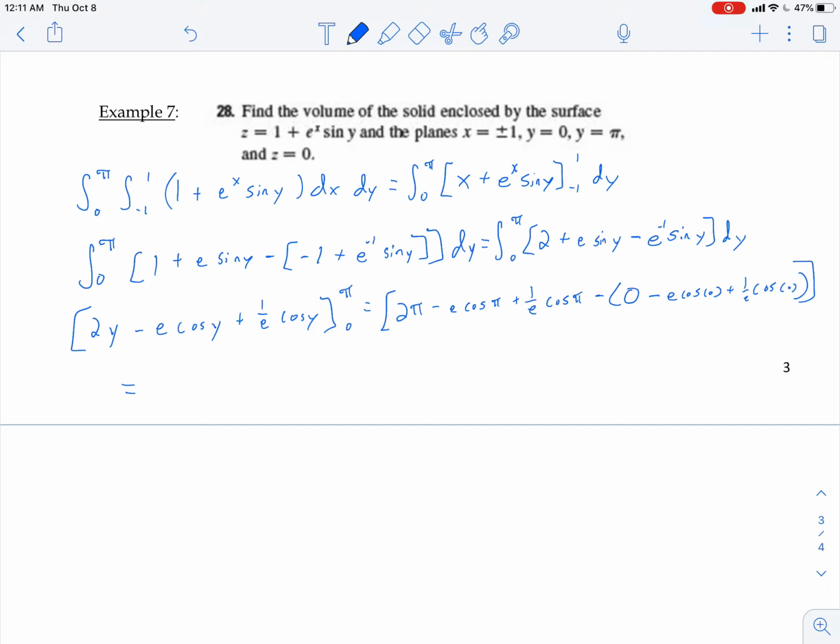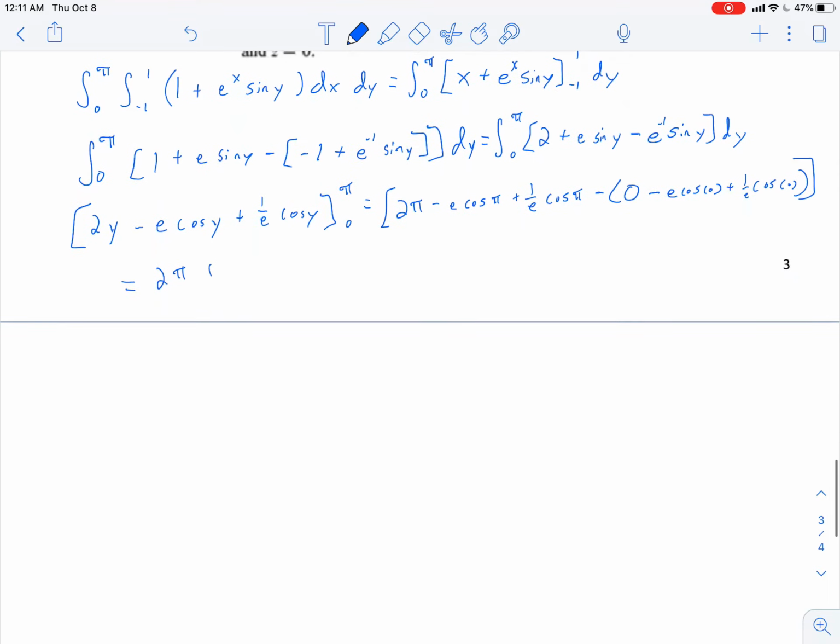And so, not finally, I'm going to have 2 pi, move up because my iPad doesn't work, 2 pi plus e cosine pi. Cosine pi is -1, so plus e. Alright, plus 1 over e cosine pi, so minus 1 over e. Minus 0.